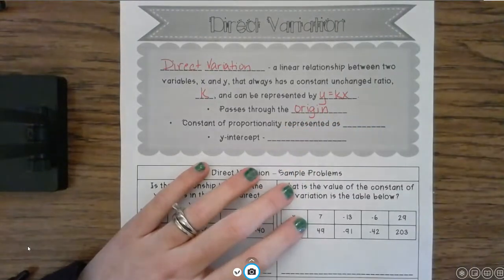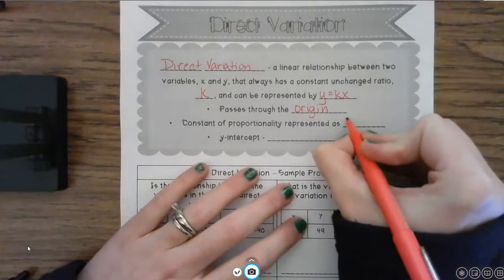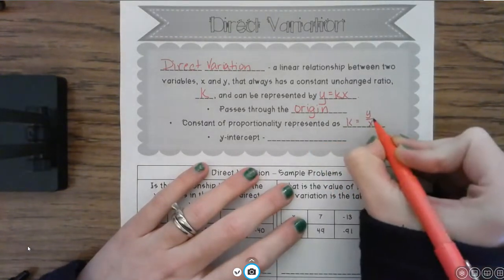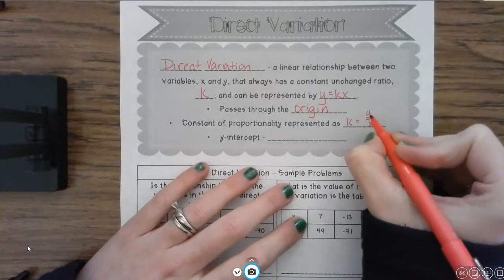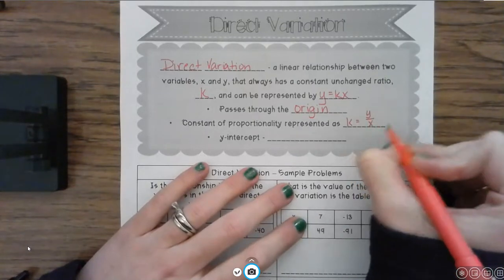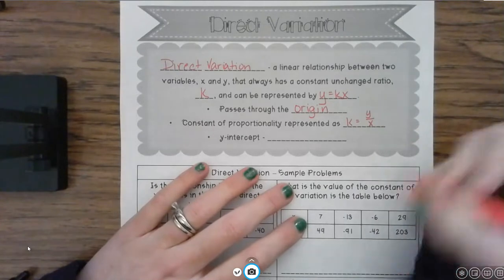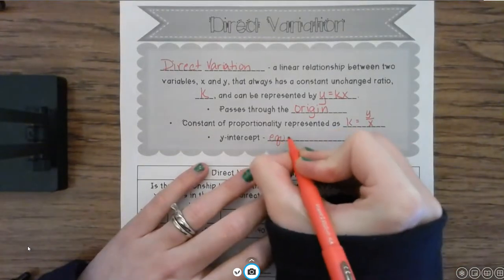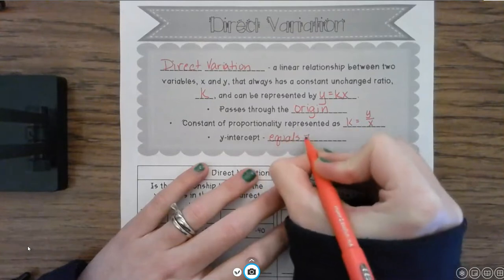The constant of proportionality is represented as k equals y over x. So in a direct variation relationship, you can divide y by x and you will get the same constant of proportionality every single time. And the y-intercept equals 0 every time.